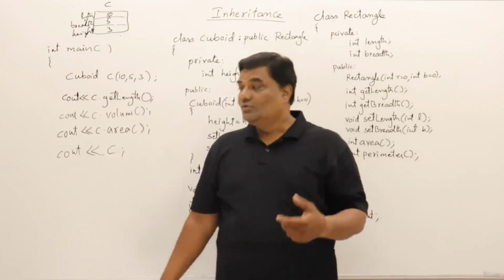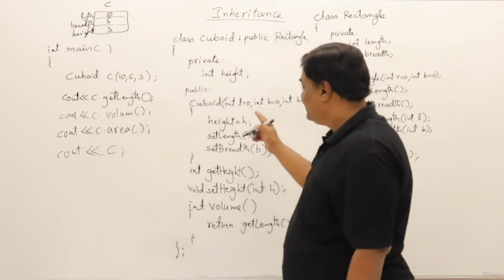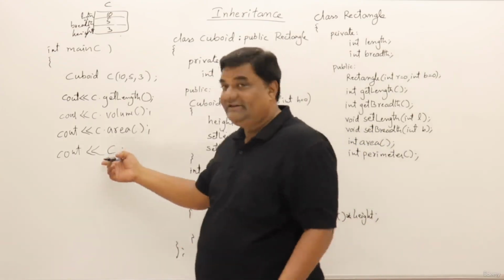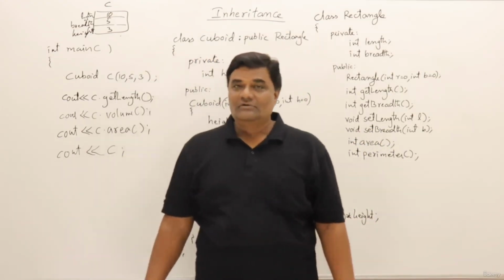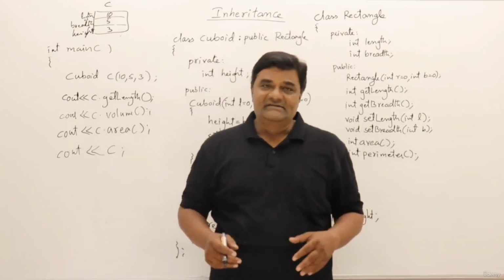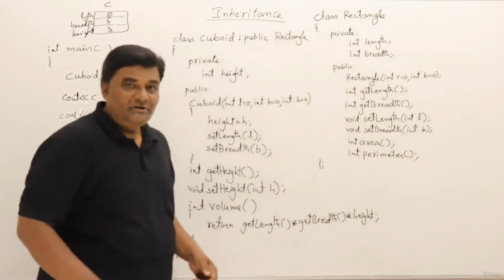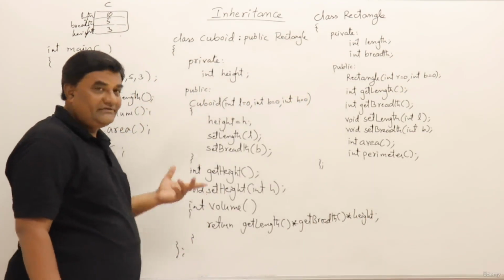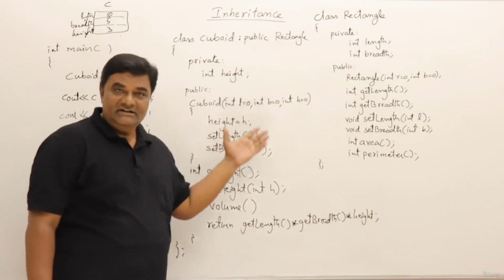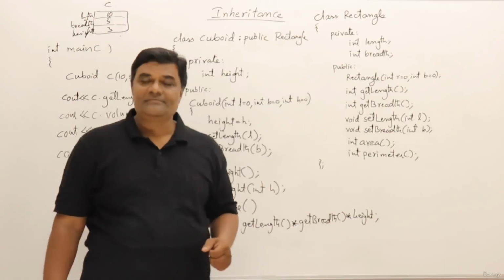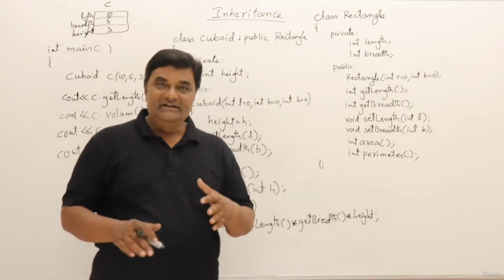Then I have to overload that operator inside this cuboid class. Right? So already we have learned what is operator overloading. So that's it. I'll show you this one practically, write a program and show you, and if possible I will add more methods on this one, right? So inside the cuboid class, we will implement all these methods and I will show you. So this is one of the examples of inheritance.